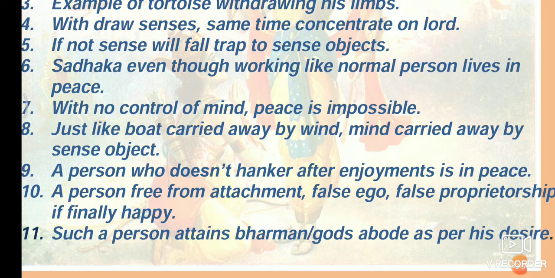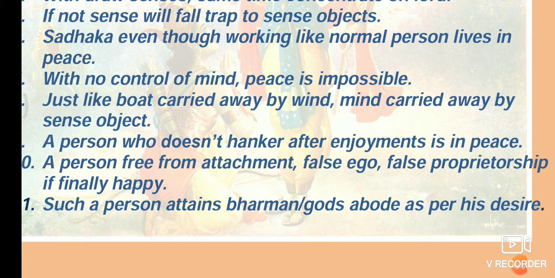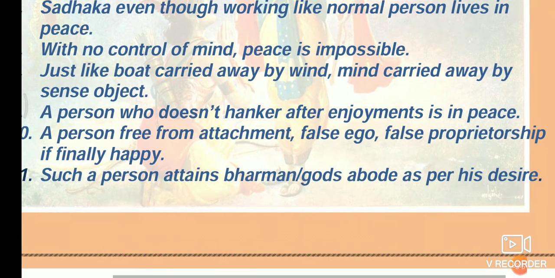Peace is impossible. And to attain that, we have to give up the hankering after enjoyments to attain peace. So these are the various secrets which Krishna is giving, that in order for a person to attain peace, what all he has to do.